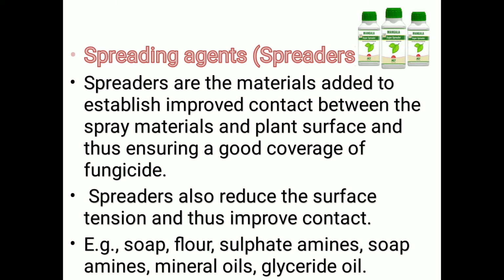That indicates the efficiency of the fungicide increases. For example, soap, flour or sulfate amines, and different oils like mineral oils or glyceride oils are also used as spreading agents, so that the fungicidal suspension is uniformly sprayed over the leaves.